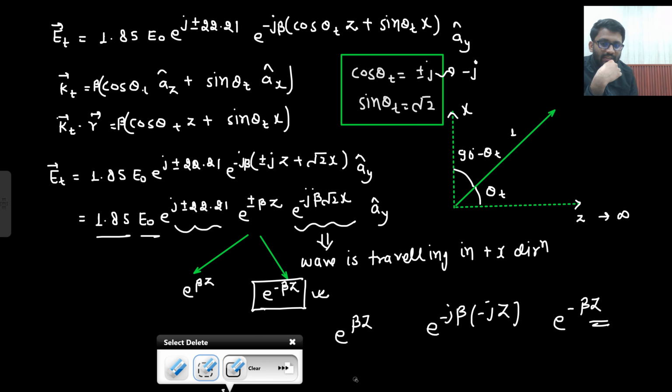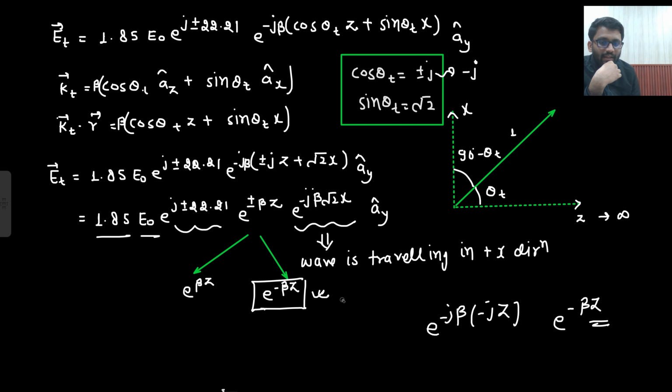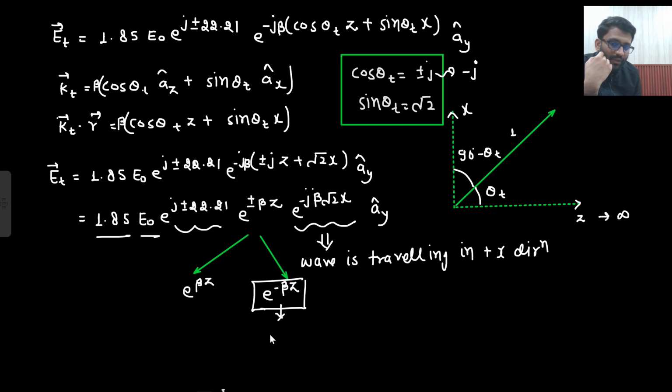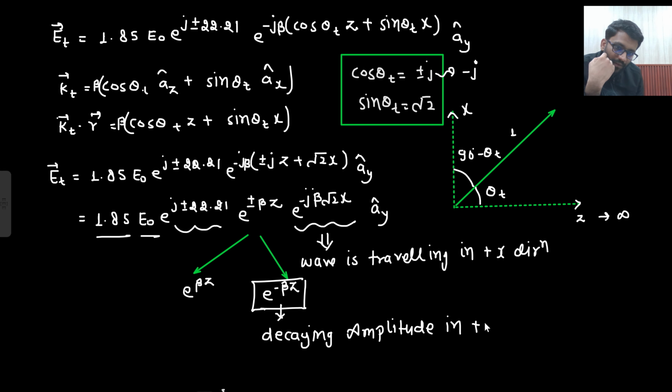Right? So this is a wave. Here you are getting a traveling wave which is traveling in x direction with decaying amplitude in z direction. And now if I make the field in medium 2, this was my medium 1, this is my medium 2.